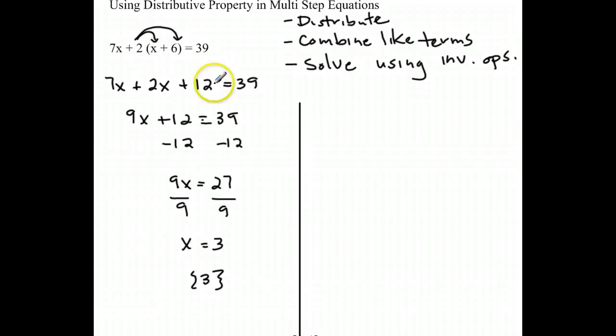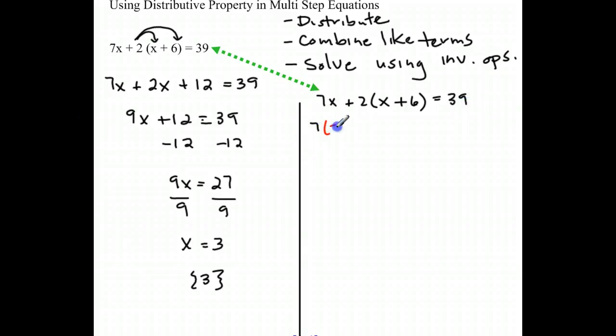For my check, the same idea holds true. I'm going to be taking my original problem and rewriting it. 7x plus 2 times x plus 6 equals 39. I am going to replace the x with 3.